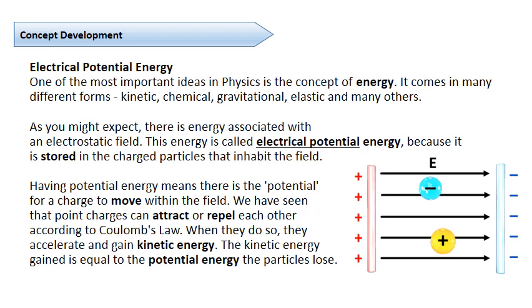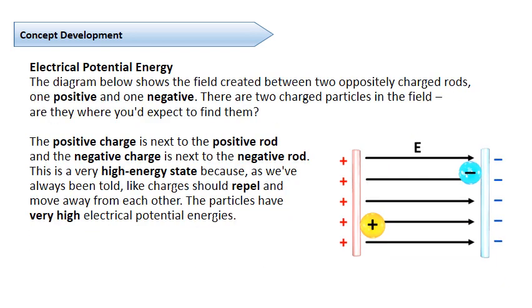We have seen that point charges can attract or repel each other according to Coulomb's law. When they do so, they accelerate and gain kinetic energy. The kinetic energy gained is equal to the potential energy that the particle loses. The diagram shows the field created between two oppositely charged rods, one positive and one negative.